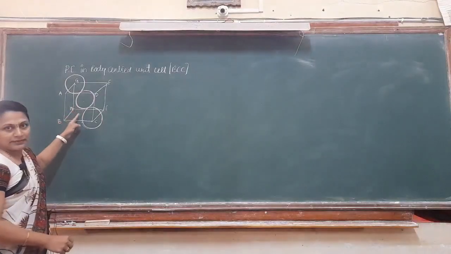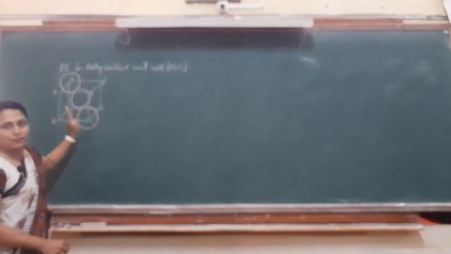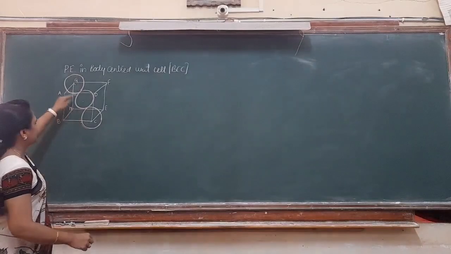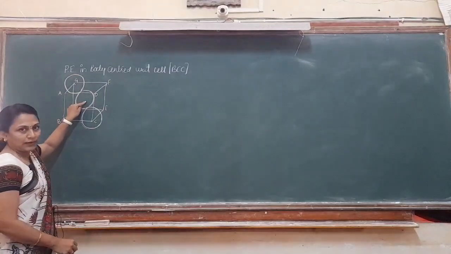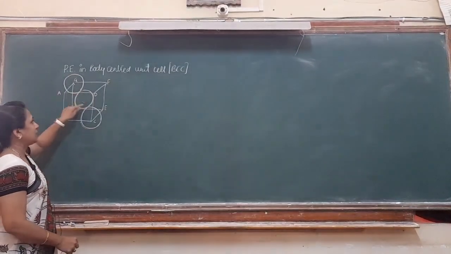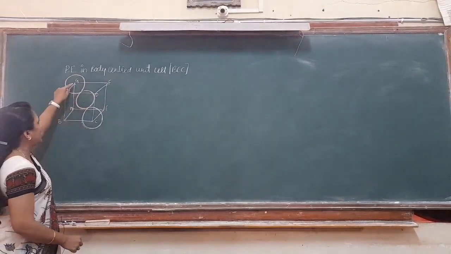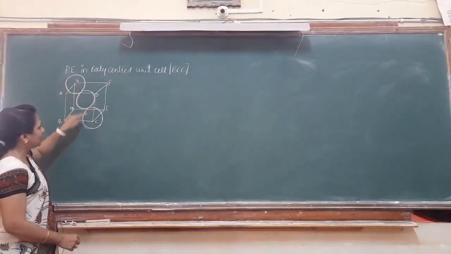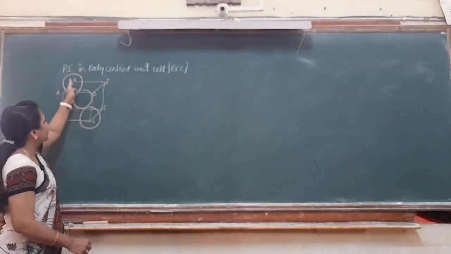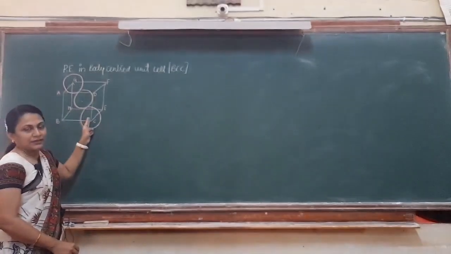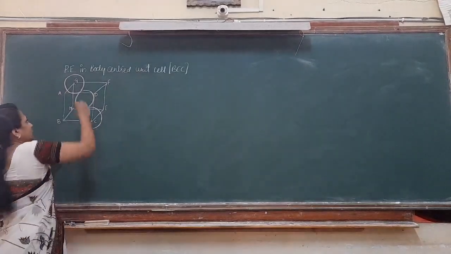Okay, here I have considered one body-centered cubic unit cell. One sphere at the center of this body and one particle at this corner and this corner. If you join this, it is a body diagonal.